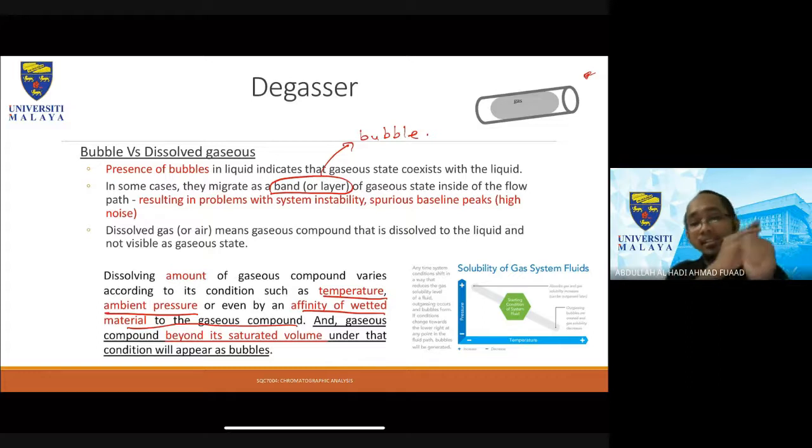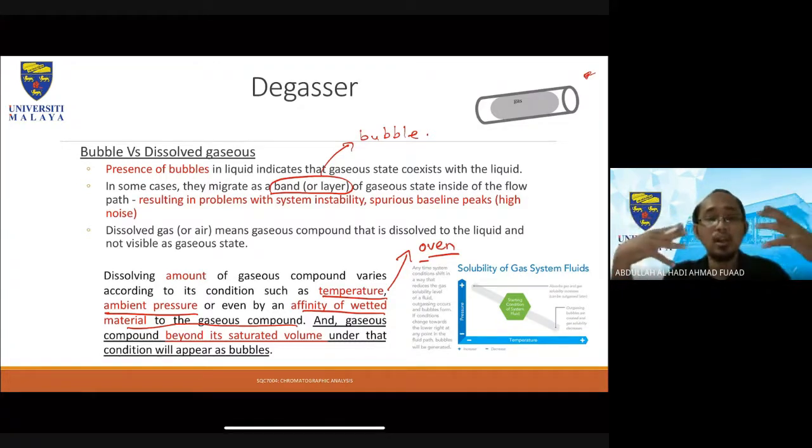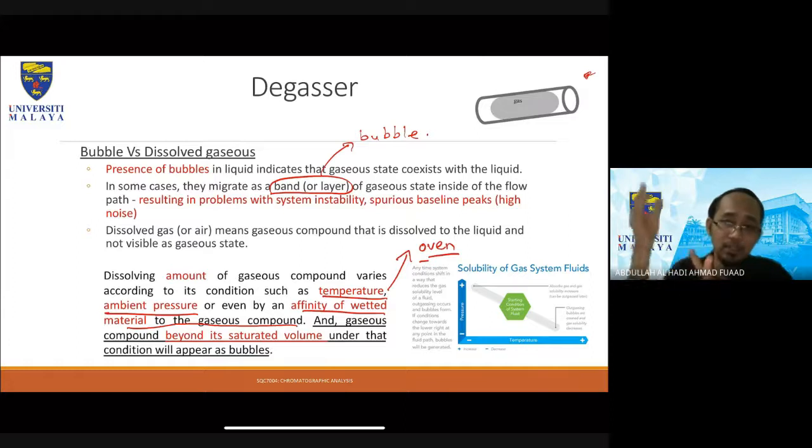And why does this really matter? Because in the HPLC system, as I've shown previously, you can have an oven. When you have an oven, you might play around with temperature. Why do you need to do that? Because temperature can influence the elution time of your compound. You can improve elution time and resolution, and of course, you can shorten the whole separation process.